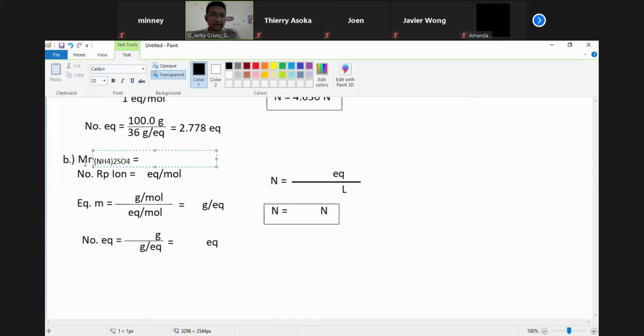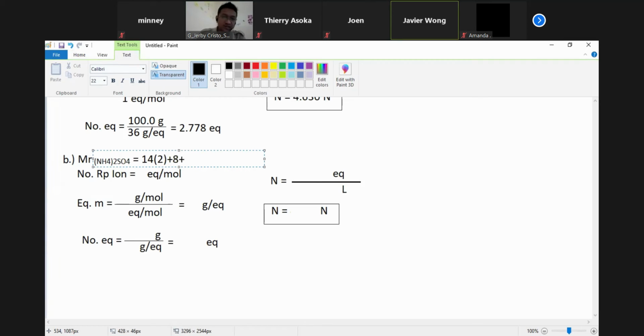Okay, so that is equal to... Nitrogen is what atomic mass? 14, multiplied by 2. Plus hydrogen is 1 times 4 times 2, which is 8.